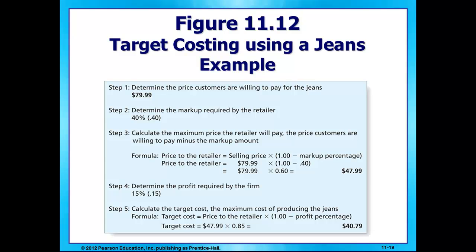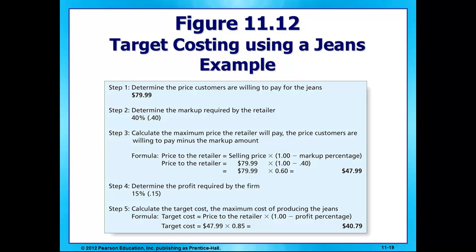The reason that this is also called target costing is because what we see in step 5 is that this method allows the manufacturer to identify what is the maximum cost that that company can incur to produce their product and still meet the margins for each channel member and hit the sweet spot.